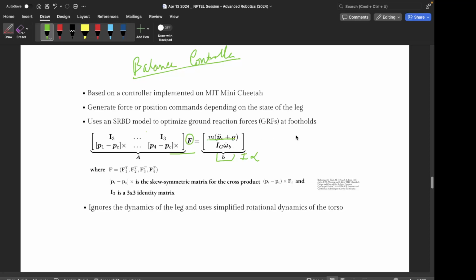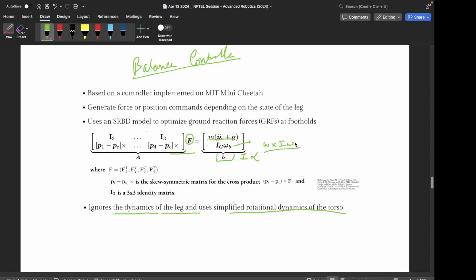When in contact, we have 3 components corresponding to x, y, and z direction, and legs in swing do not exert any force, so the forces for them are kept as 0. As I mentioned, the dynamics of the legs are ignored, and for the torso, only the I alpha term is taken. The omega cross I omega term is also quite small in comparison to the I alpha term, so that is also ignored.